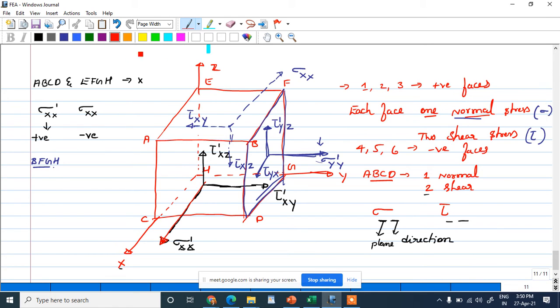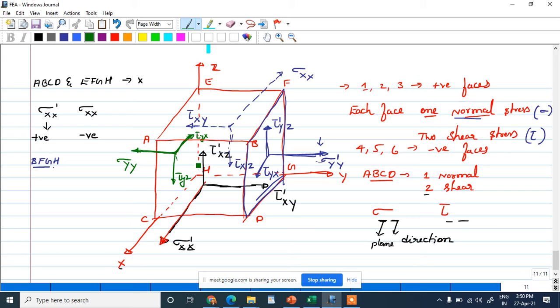So let me take a different color. So the opposite direction will be sigma yy in this direction, and for upward, you should mention the downward direction, and we have x in opposite direction. So this will be sigma yy, this one will be tau yz, and this one will be tau yx.